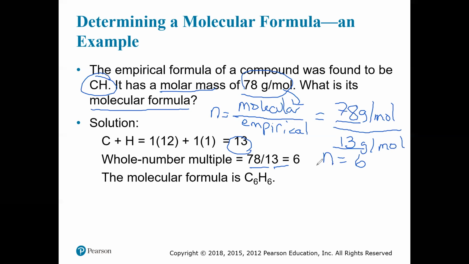But I'm not done yet. This is just the multiplier for my empirical formula. In order to calculate that molecular formula, I need to actually plug it in. So I take my CH and multiply it by 6, which gives C6H6. Obviously, if there were subscripts on there, we would need to multiply those by 6.